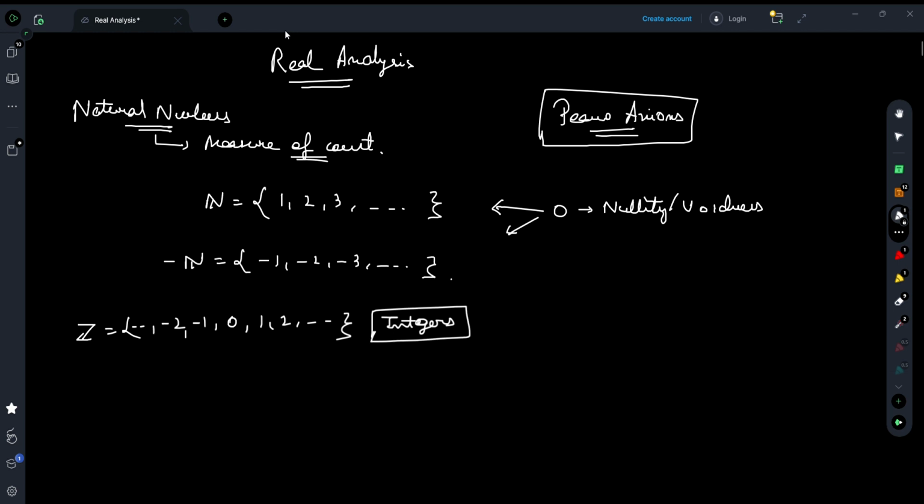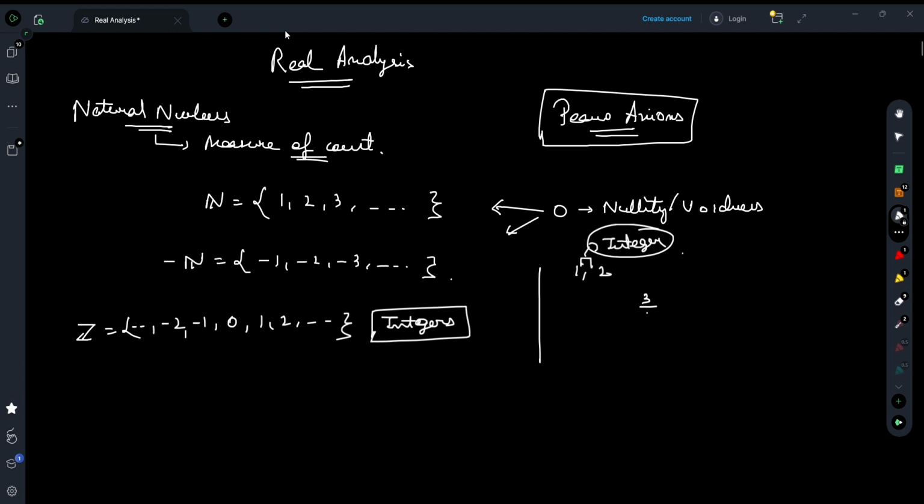Now from the set of integers we try to construct one more set which we call the set of rationals. What we actually do is try to fill in the gaps between two numbers. See, there is no number between 1 and 2; between 1 and 2 there is no integer.